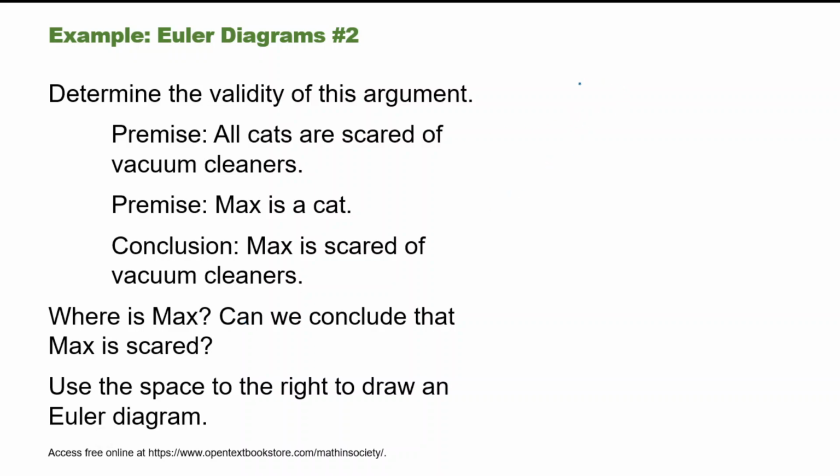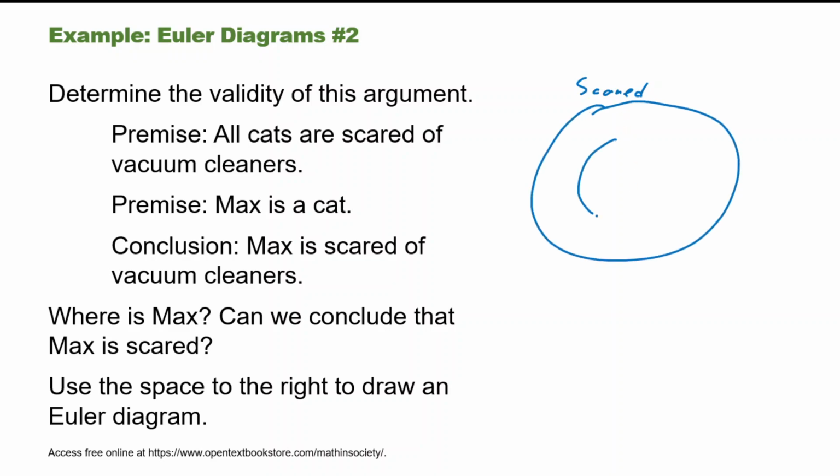All cats are scared of vacuum cleaners. So we have scared, and if that is true, then we have a circle for that. Inside this, we have cats. Max is a cat, meaning he's necessarily inside the smaller circle.